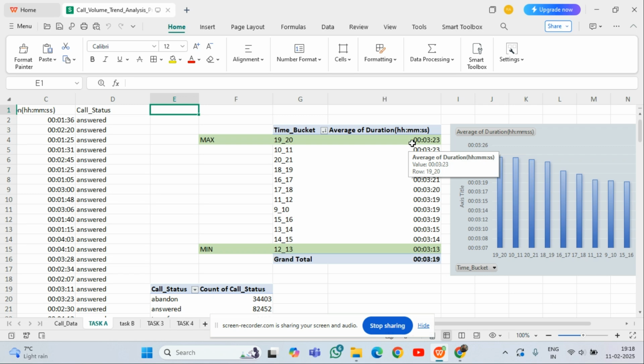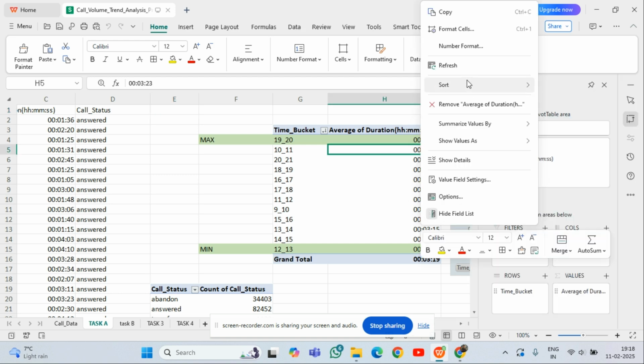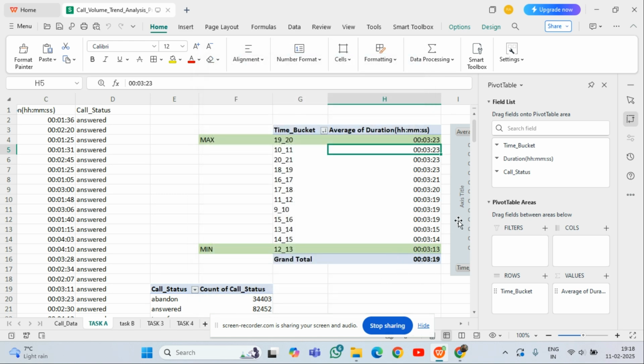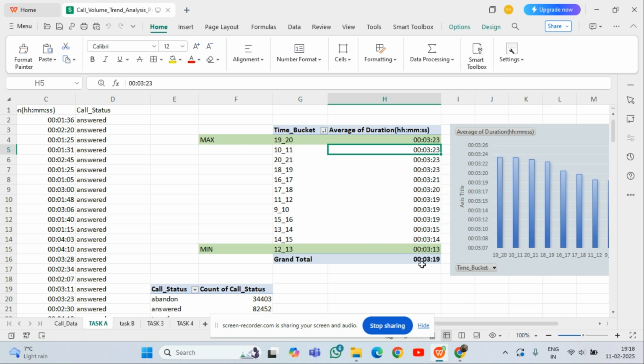If you don't get it in the HH:MM:SS format, you have to convert it using the cell format. Go to cell format, then custom, and select the minute and second format. So it will be converted to minutes and seconds.